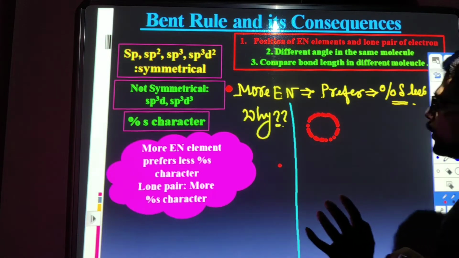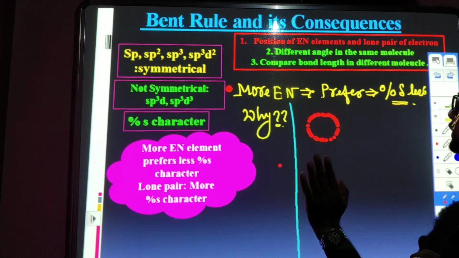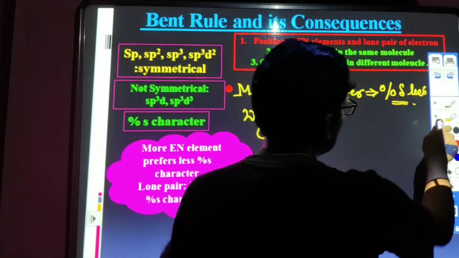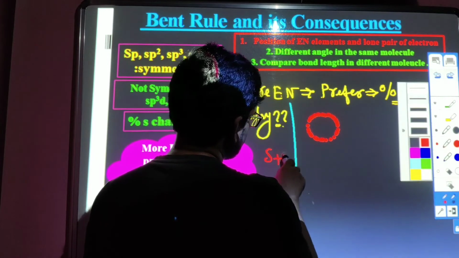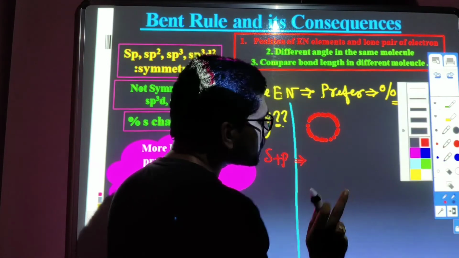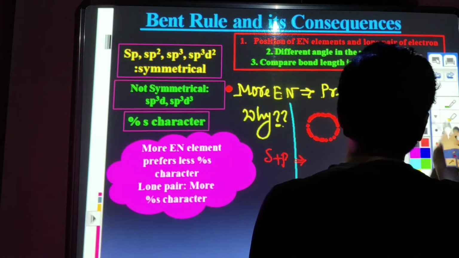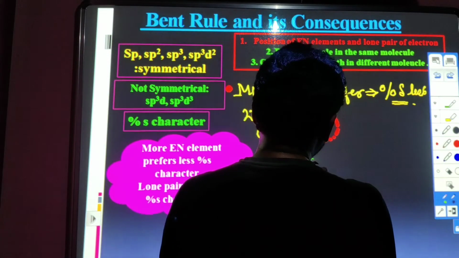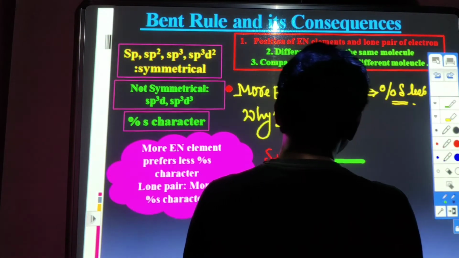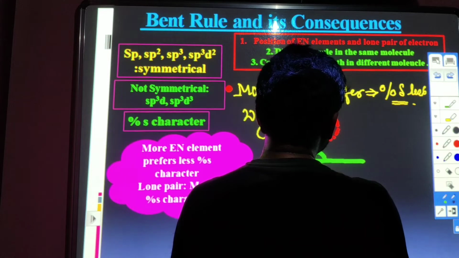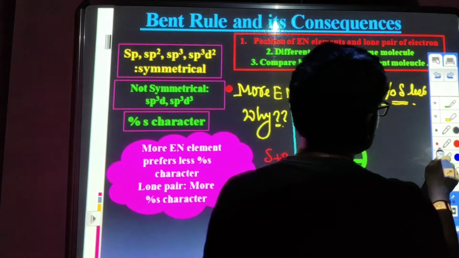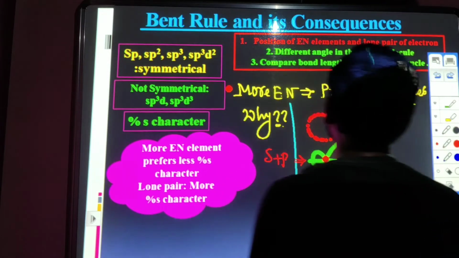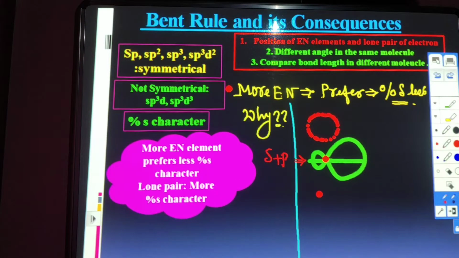Now I am going to combine s plus p. If I combine s plus p, then how does that hybridized orbital look? Look very carefully. That hybridized orbital looks like this. This is the sp hybridized orbital.